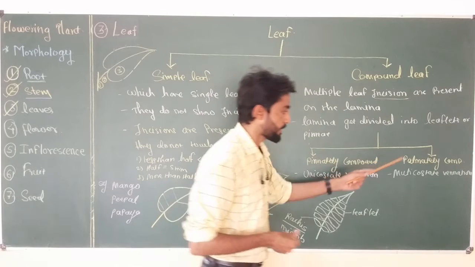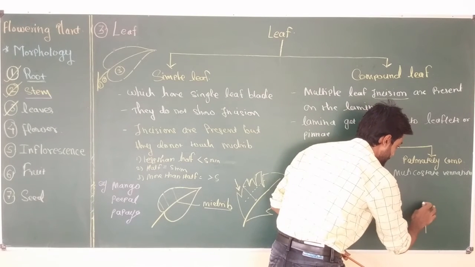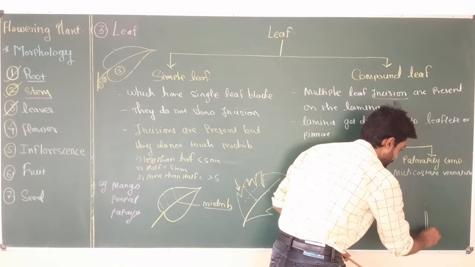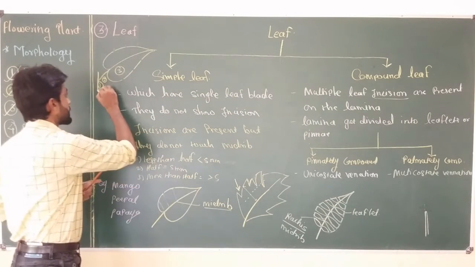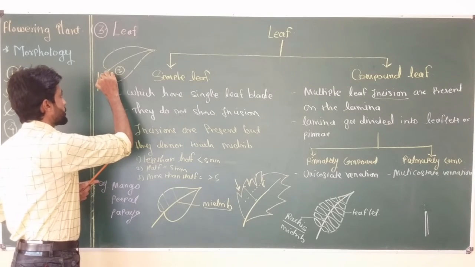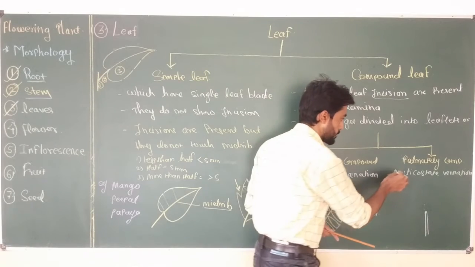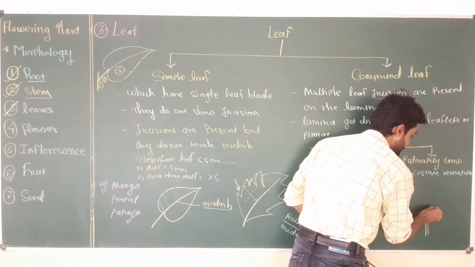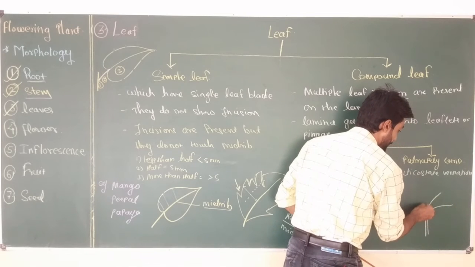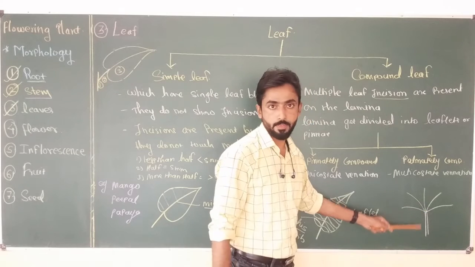So what is divergent venation? Suppose this is the petiole. We know that a leaf has three parts, out of which the second part is called the petiole. So suppose this is the petiole, and in case of multicostate divergent venation, a number of veins arise and run in different directions from the petiole.